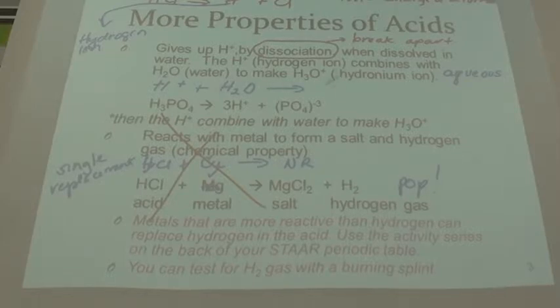What type of reaction do you think I'm making here? Yep, this is a synthesis reaction. What's happening is the hydrogen ion combines with the water to form this. This is a hydronium ion. Are we happy with all these new words? Yes. Okay, can we move on?